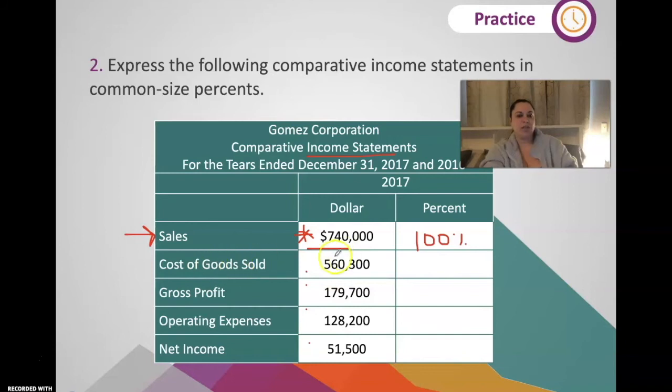So cost of goods sold, you're just going to take this number divided by the base, the 740,000. So 560,300 divided by 740,000. Remember, multiply that by 100. I got 75 point, and it keeps going, so I'll just do one decimal place: 75.7%.